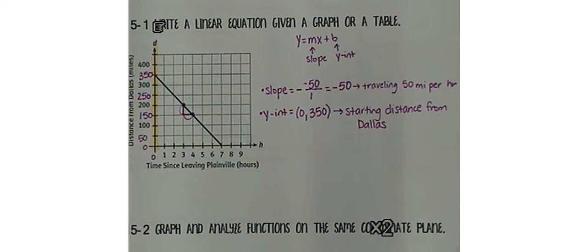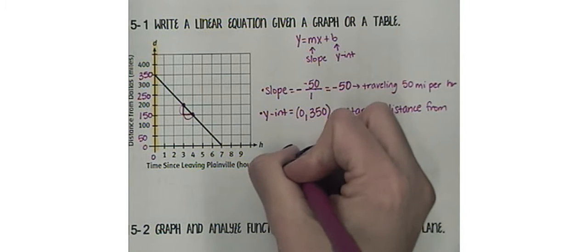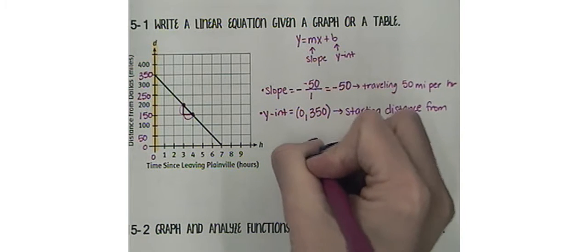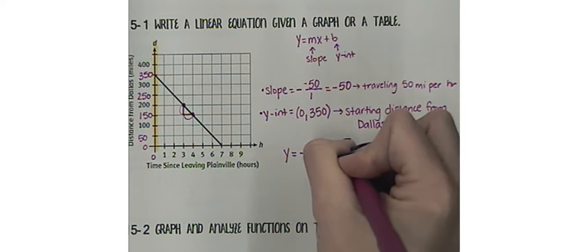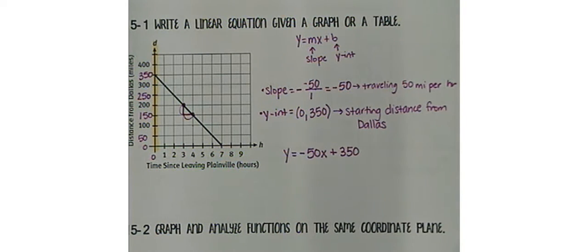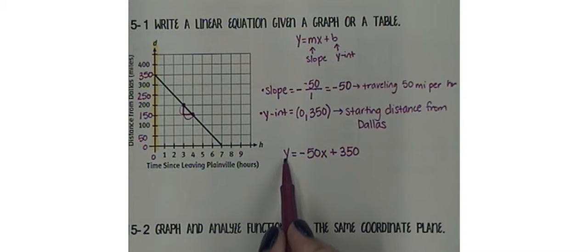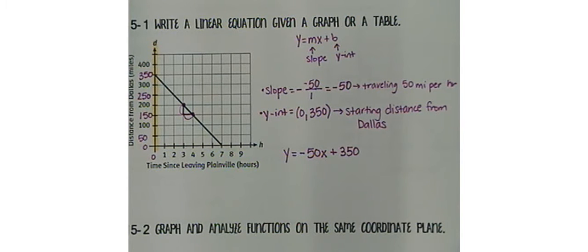So now let's write it. Y equals negative 50x plus 350. Oops, and I could have used a D and an H for distance and hours, because that's what the graph is labeled as.